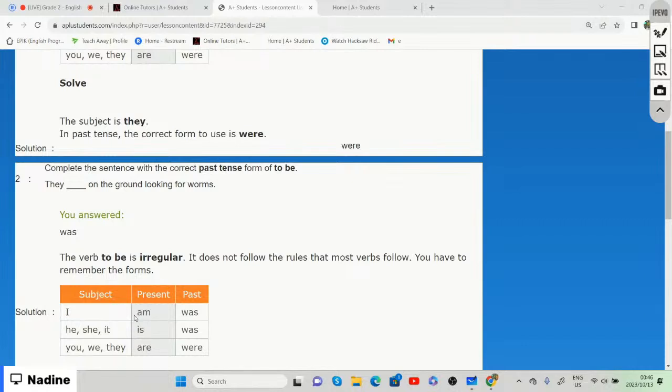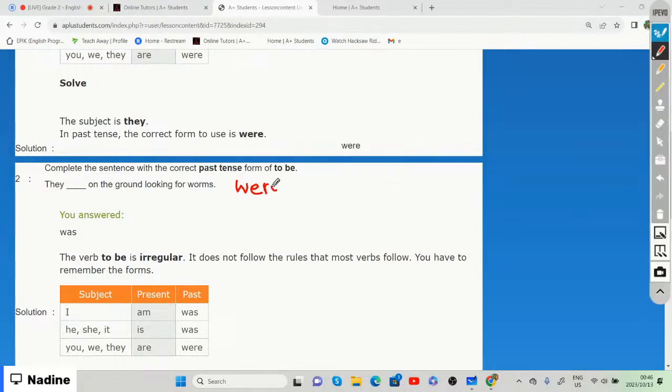This is in the past. And if it's in the past, then we can say they were on the ground looking for worms.